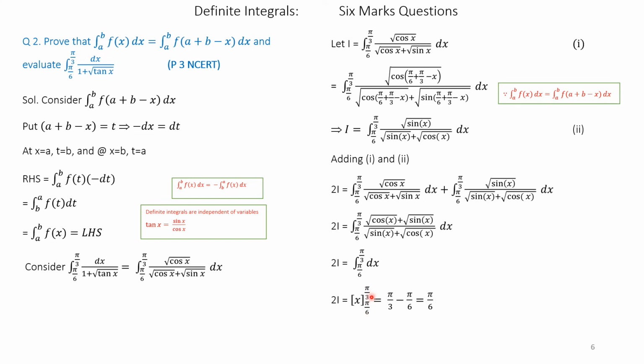So we put x equal to pi by 3 first, that is the upper limit, minus the lower limit, pi by 6. Simplifying, subtracting pi by 6 from pi by 3, we get pi by 6. Therefore, 2I is equal to pi by 6, or I is equal to pi by 12, is the answer. So we will take up the next question.